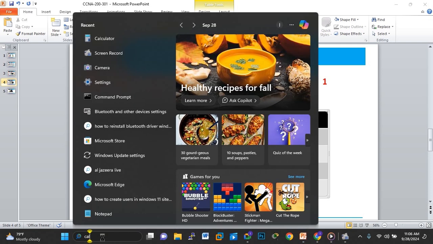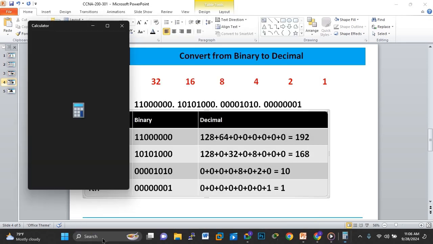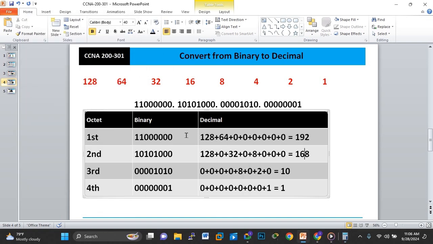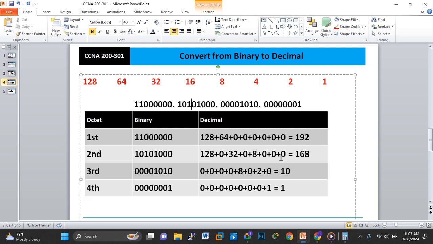Now let's just use our calculator. 128 plus 32 plus 8. You see, we arrive at 168, which is correct. So now you know that the first decimal, after converting, arrives at 192. The second is 168. Now the third octet.